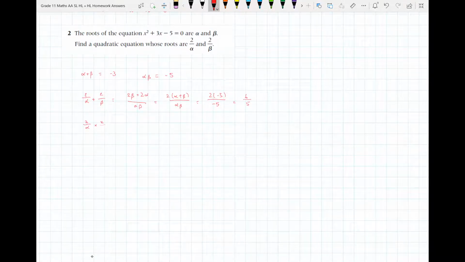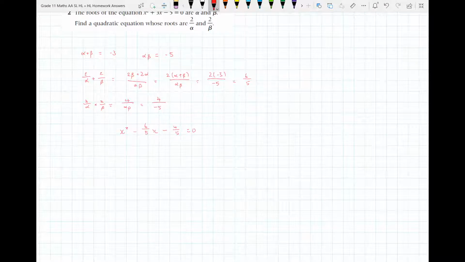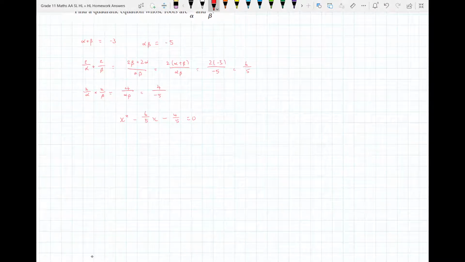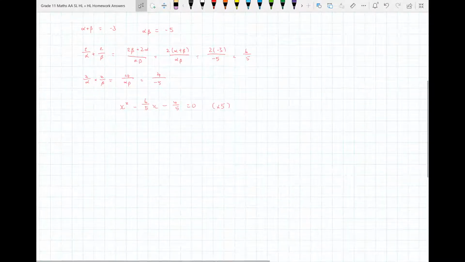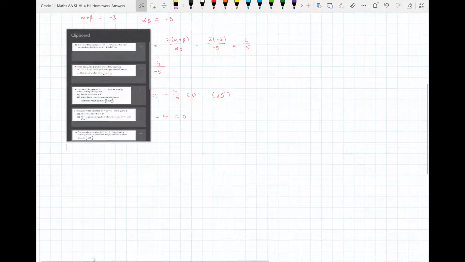New product is that. So we can write x squared minus new sum plus the new product. Oh, there should be a negative as well. There. If they want integer coefficients, all you got to do is to times the whole thing by 5. And you will have this here. Not necessary if the question doesn't ask for integer coefficients.